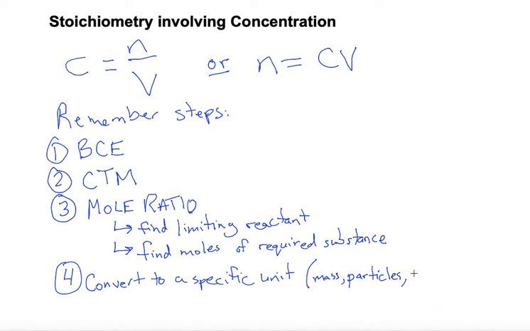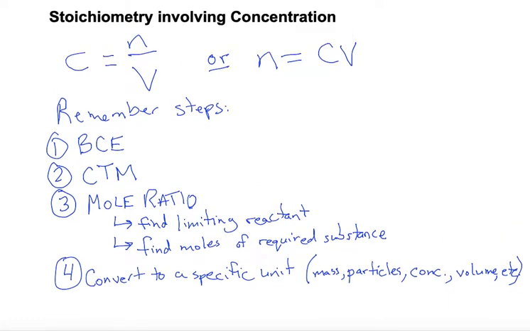We could get into concentration of something, even volume of a solution. There are lots of different things we could look at. As we go further in the course and start talking about gases, we'll get into that as well. But these are our 4 steps. Any stoichiometry problem we do, this is what we want to make sure we're following.